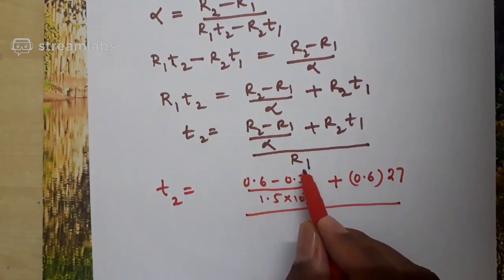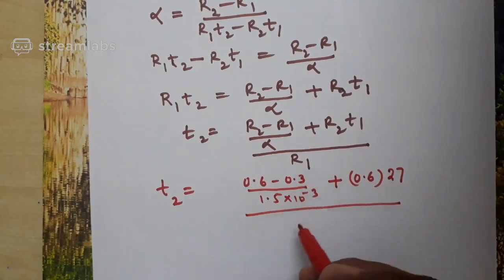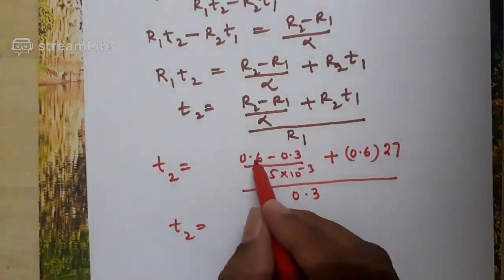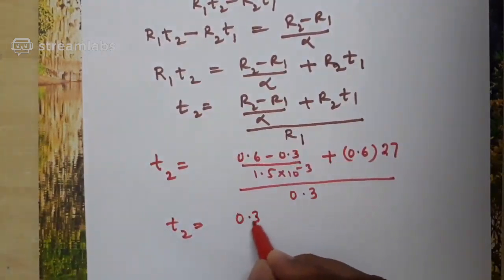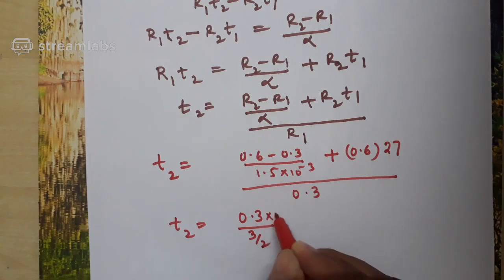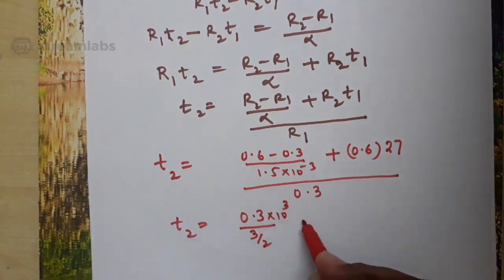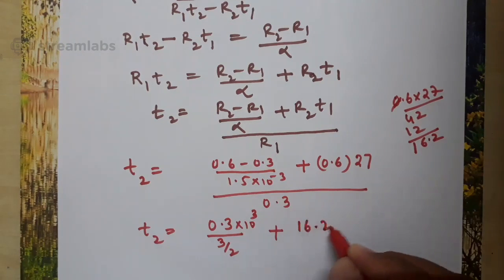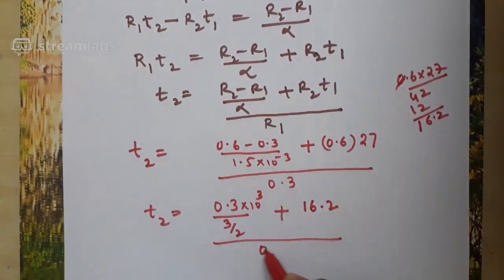Divided by what is R1? R1 is 0.3. So T2 is 0.3 only, right? Obviously 1.5 is nothing but 3 by 2, and 10 to the power minus 3 will go to the numerator as plus 3, and this is 0.6 into 27, you can multiply, 16.2, divided by 0.3.